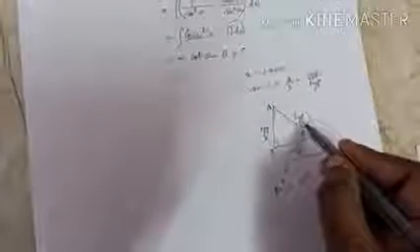Adjacent square is equal to hypotenuse square minus opposite square. So AC is 3, AC square is 9. AB is x, AB square is x square. So adjacent side is root of 9 minus x square.